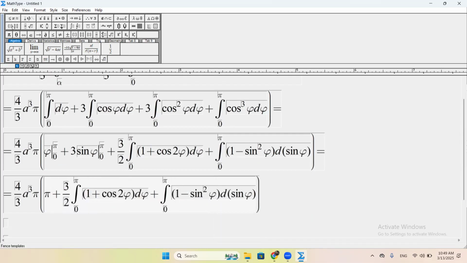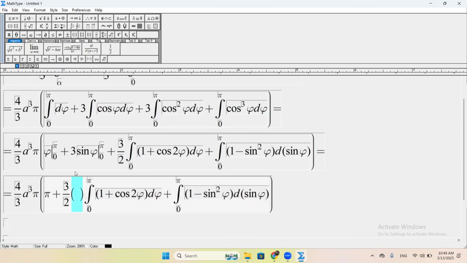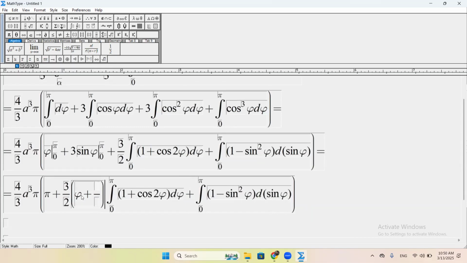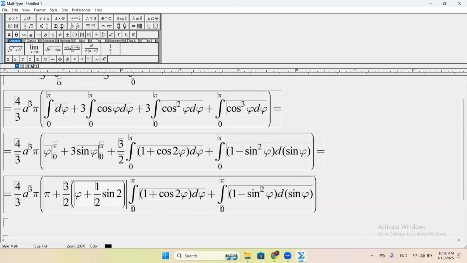Then here, what do we have? Phi plus 1 over 2 sine of 2 phi.